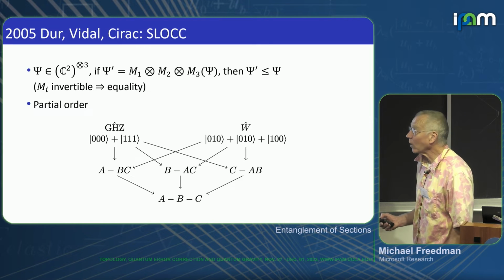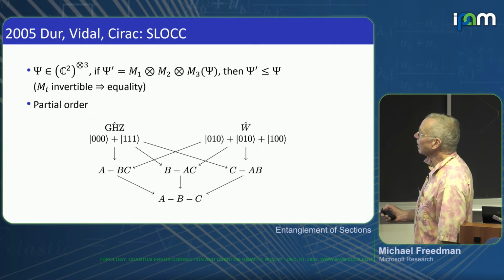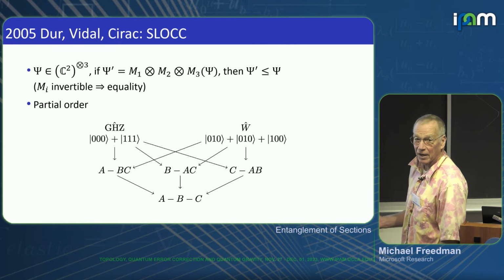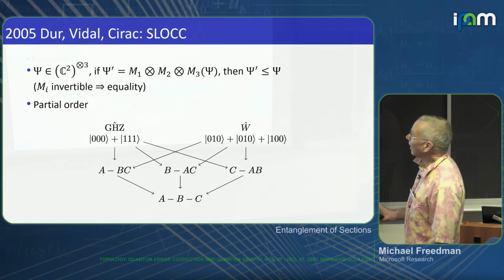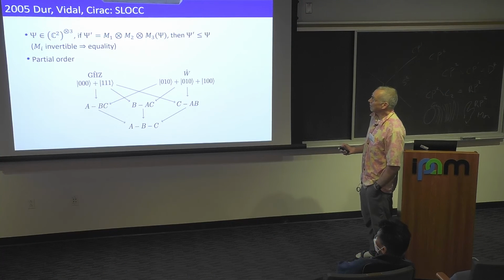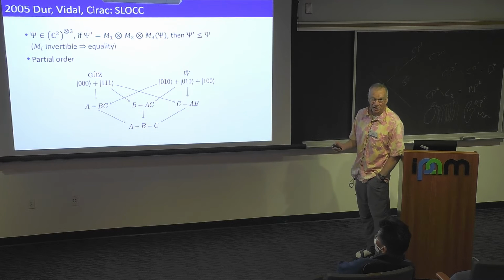But one bit of progress was made in this lovely paper of Dur, Vidal, and Cirac, where they introduced stochastic local operations and classical communication. And that means sort of what it sounds like. The stochastic means that you're happy in this equivalence relation, even if you only have a 1% chance, or any very small chance, of converting some states to other states.